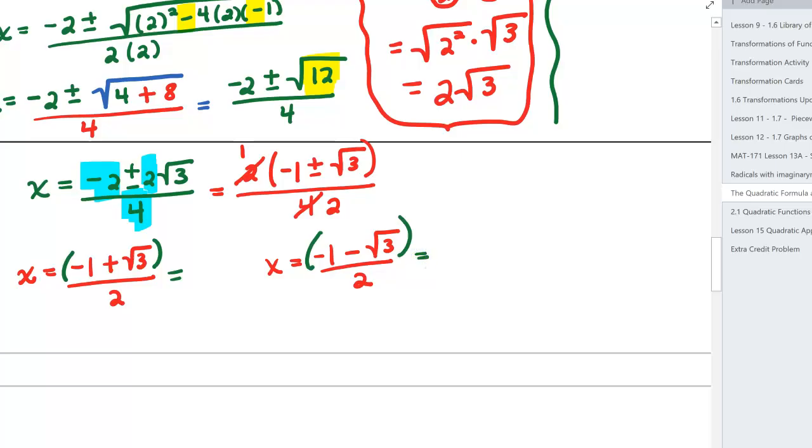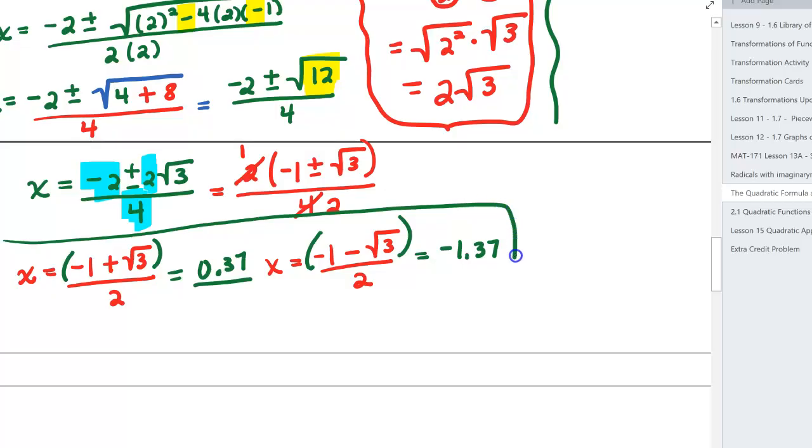So enter it in your calculator, see what you get. If you got 0.37 for this one, then you entered it correctly. And when you do negative 1 minus the square root of 3 over 2, you should get negative 1.37. And I did round those to the nearest hundredth or to 2 decimal places.